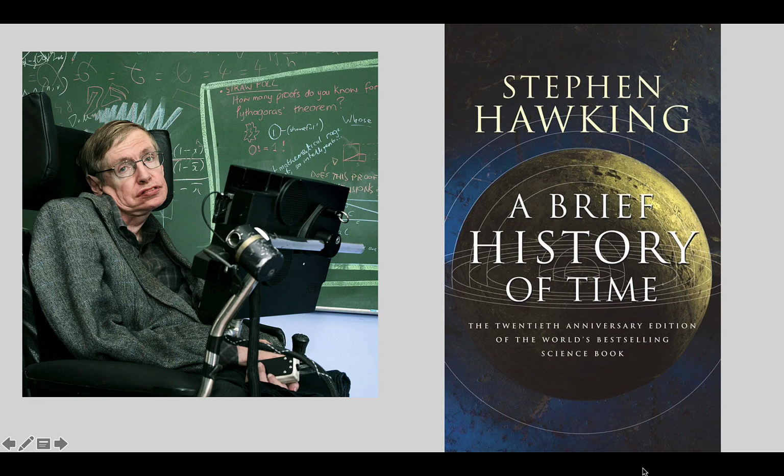And this is a book that has sold a mere 25 million copies. Dr. Hawking has been the recipient of dozens of professional awards, ranging from the Albert Einstein Medal in 1979 to the U.S. Presidential Medal of Freedom in 2009, and he passed away in 2018, aged 76.